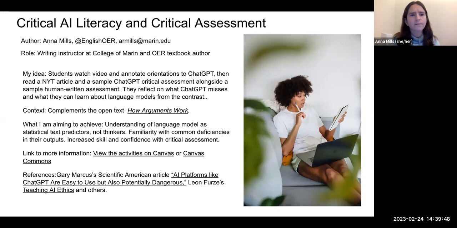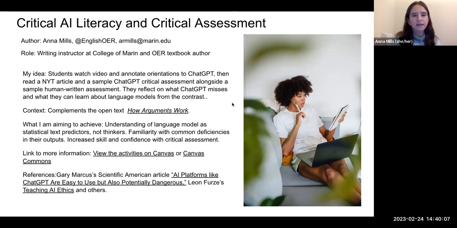So I worked on something that fits with my OER textbook, where students start out by reading some basic articles and watching videos about ChatGPT.